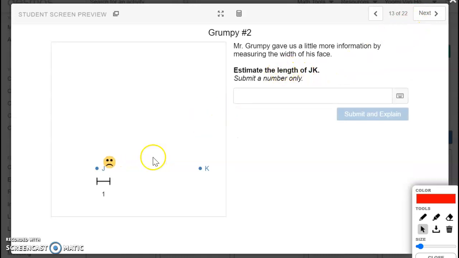Okay, what if we have a little more information? We've measured the width of his face and said that's 1 unit. Does that help us gauge how far J is from K? Well, I can say that's 1, 2, 3, 4, 5, 6, maybe 6 units.